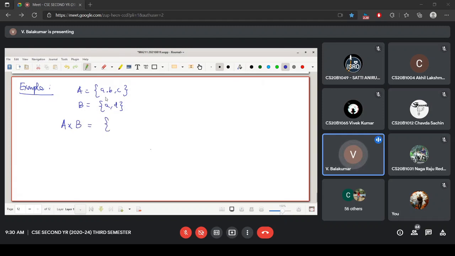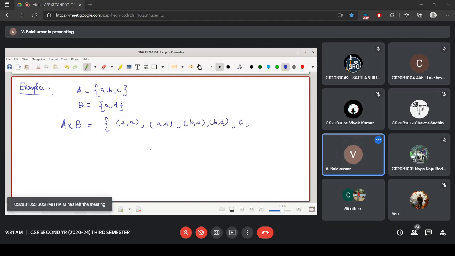How many elements will it have? 3 into 2, so it will have 6 elements: (a,a), (a,d), (b,a), (b,d), (c,a), (c,d). 6 elements are there.